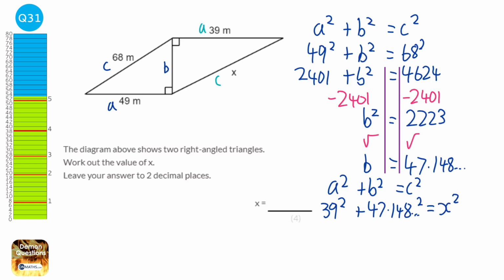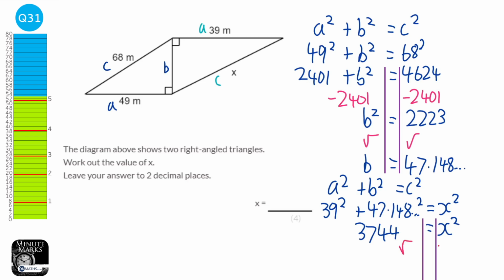Okay, so we need to square that. So we do 39 squared plus 47.148 squared, and that will be 3,744 equal to x squared, and we'll just get our lines in because we need to square root both sides, and we get 61.188 blah blah blah is equal to x.